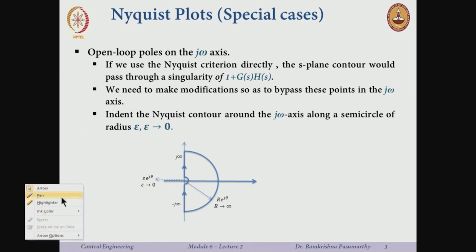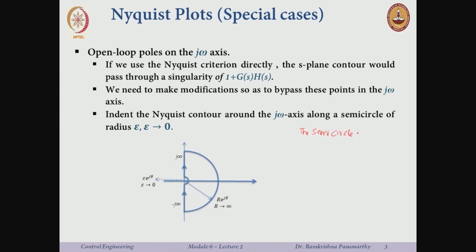Written more formally: take a semicircle indent around, say, a pole at the origin.